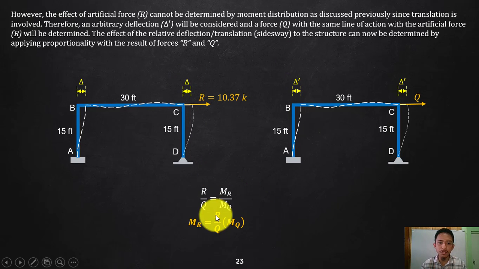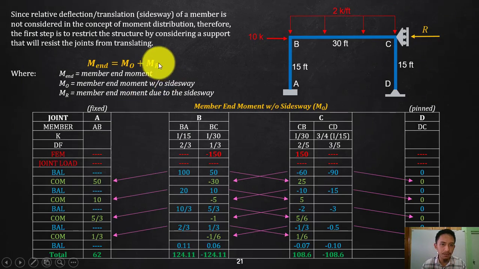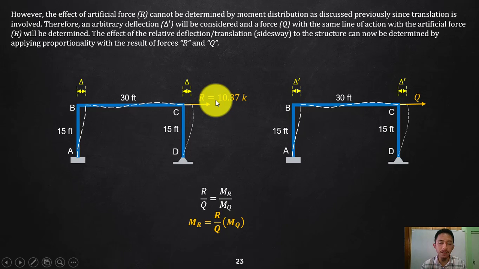So by ratio and proportion, the ratio of your original force R to your equivalent or assumed force Q should be the same as the ratio of their end moments. Whatever member you are considering, the ratio of R to Q should be the same as the ratio of the end moment caused by R over the moment caused by the force Q. What we need here is M sub R, the effect of your sidesway, but you cannot get the end moment directly because there is a sidesway.